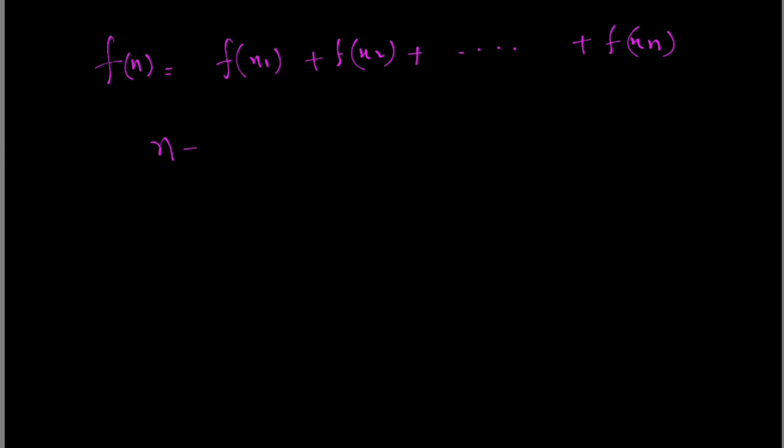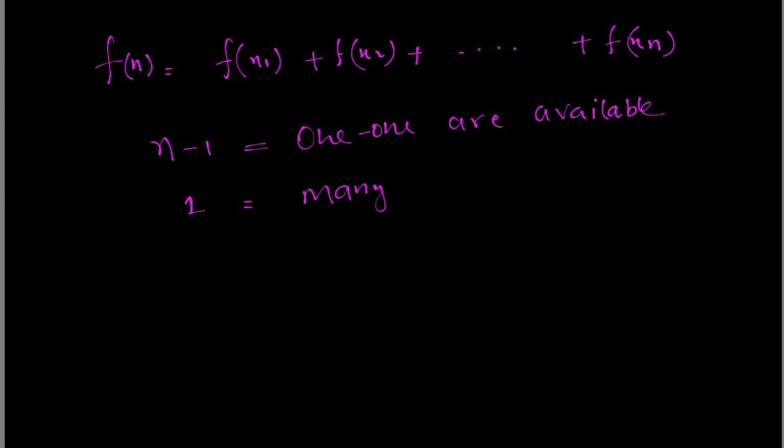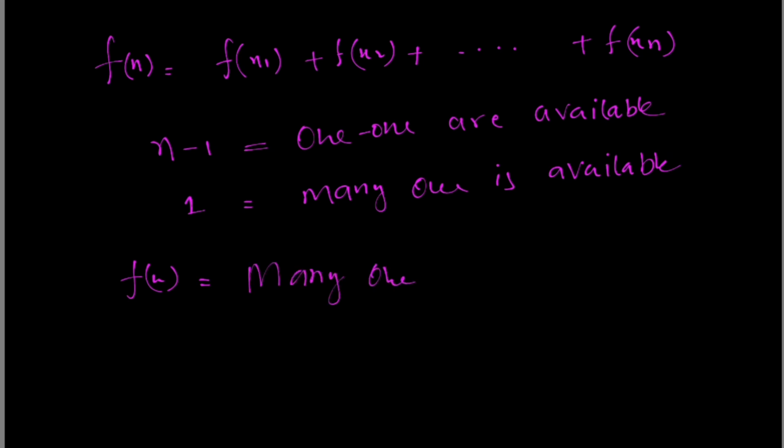Let's say n minus 1 one-one functions are available, and only one many one function is available, then the result f of x, if at least one many one function is in the equation, is definitely going to be a many one function itself.